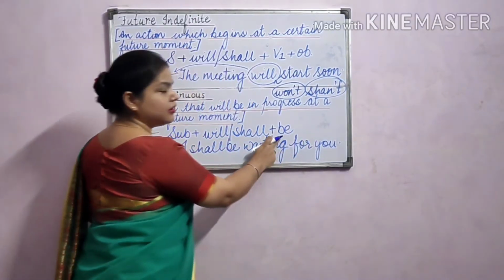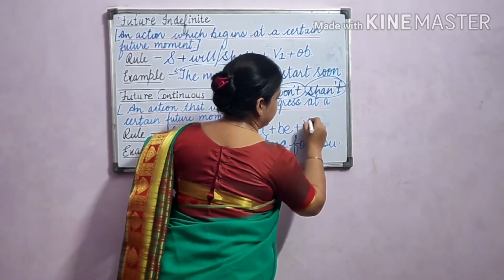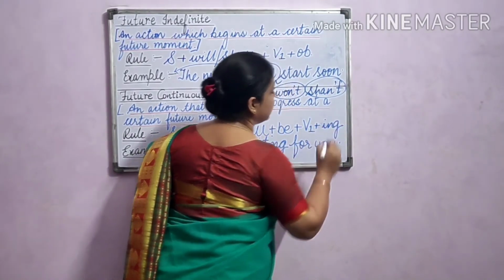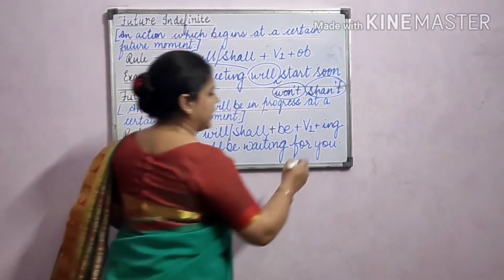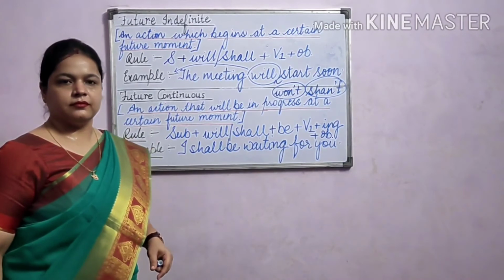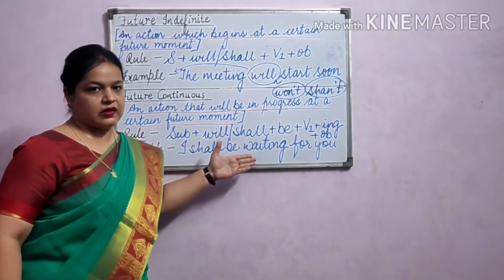Then we will add a new word, be. Be. Verb first form plus ing, or you can say ing form of the verb. And after this, object. Okay, clear?